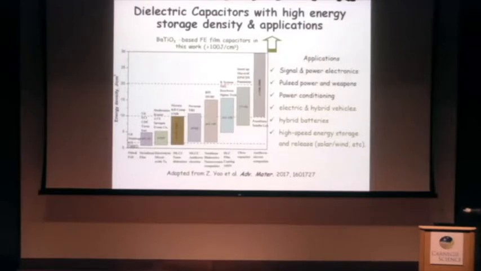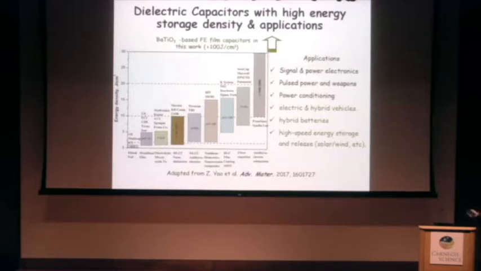And you can also have antiferroelectric composites. The highest reported so far is somewhere near 30 joules per cubic centimeter. But in my work, I'm going to show you that by properly engineering the domain structure in the barium titanate-based ferroelectric film, you can achieve energy density several times higher than the current record.